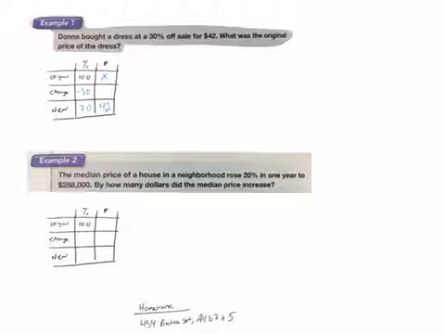So I'm going to set a proportion. 100 over 70 is equal to X over 42. Multiply these two is equal to the product of these two.